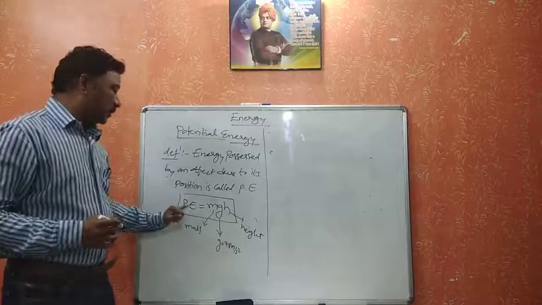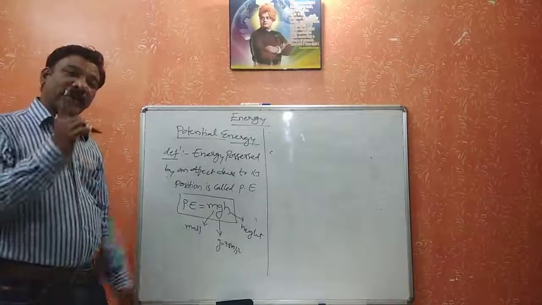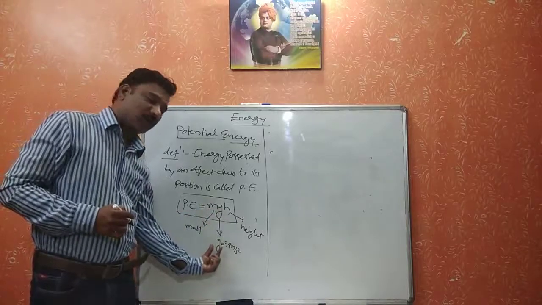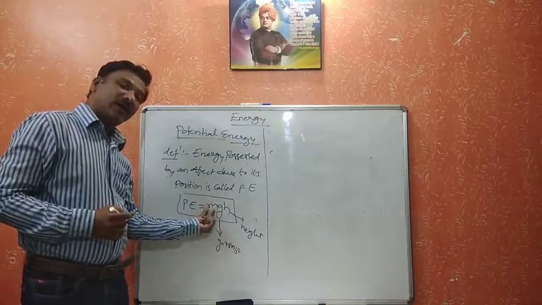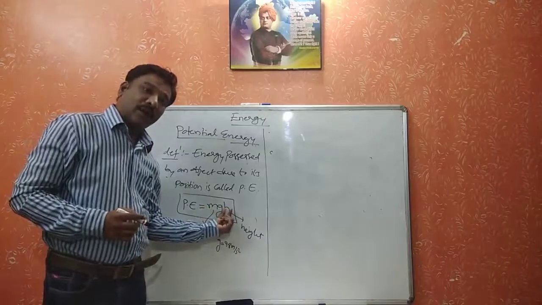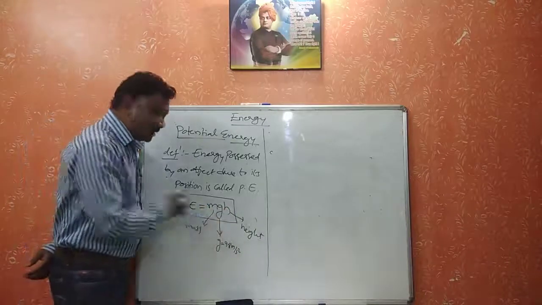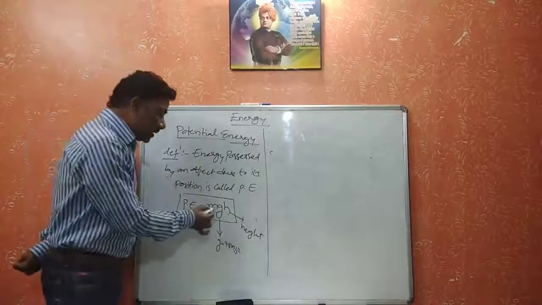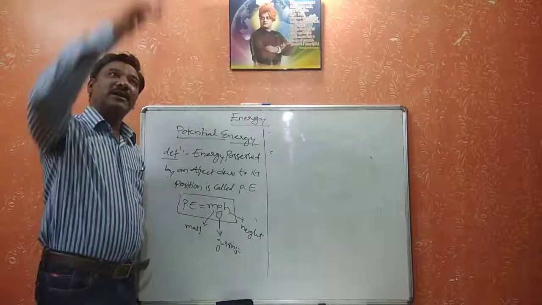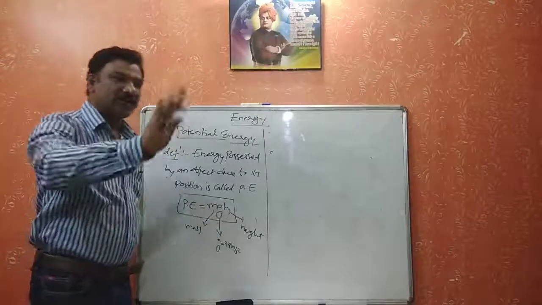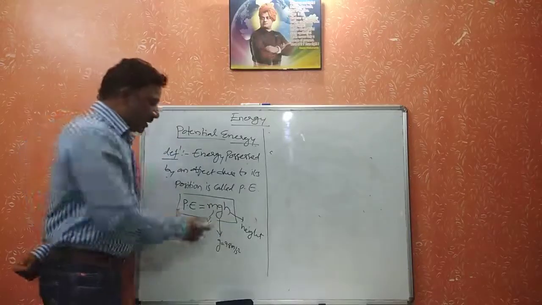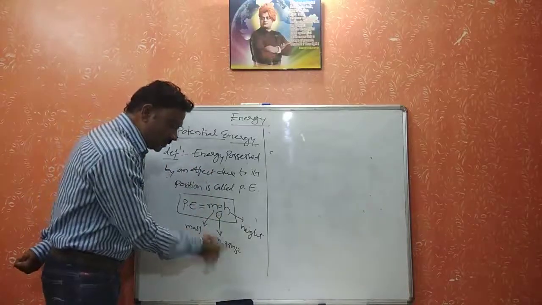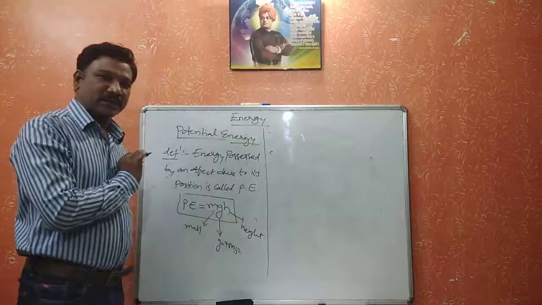So here, the potential energy of an object depends mainly on two factors, because g is constant. One is the mass of the object and the other is the height of the object. Among these, the height of the object is most important, because mass remains constant. When the height changes, the mass of the object does not change. The g value also does not change, because it is always constant, 9.8 meters per second square.